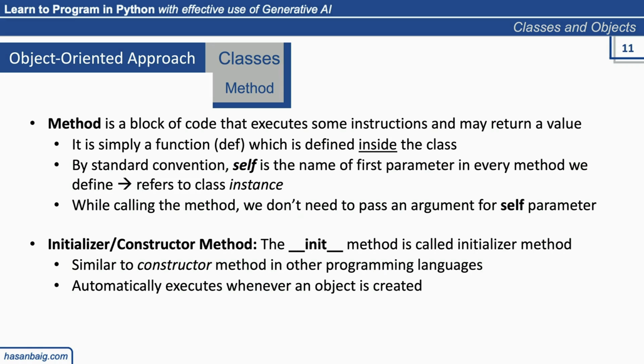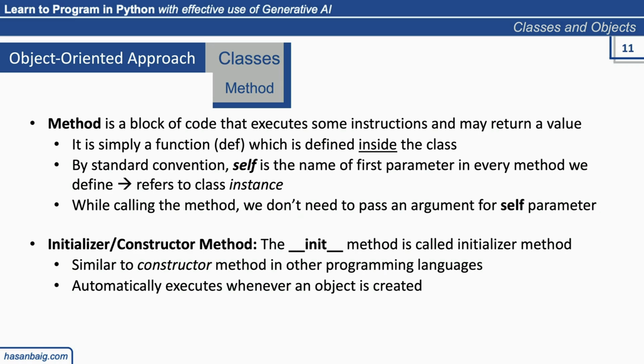But the initializer method automatically executes whenever we use the class template to create an object. We do not need to explicitly write its name to call it. The purpose is, when you create an object, we want to initialize the object with certain values. Yep. If you were to call the function, would it just do it twice then?